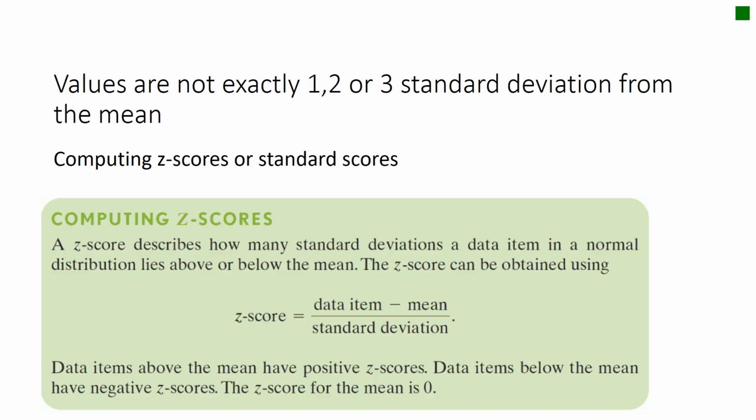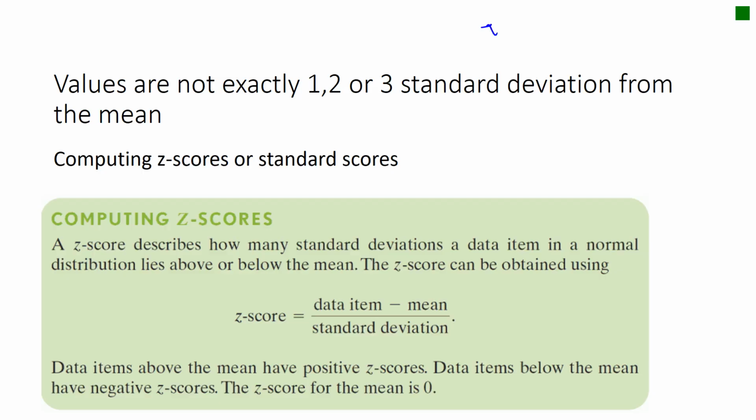So remember, we discussed the 68, 95, 99.7 rule. We knew that 68% of data values fall within 1 standard deviation, 95% of data values fall within 2 standard deviations, but not all data values are going to be exactly 1, 2, or 3 standard deviations away, right?